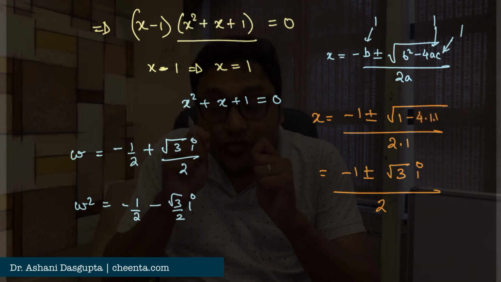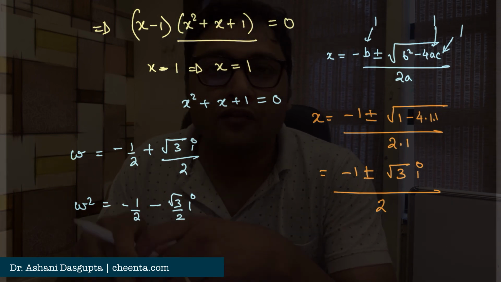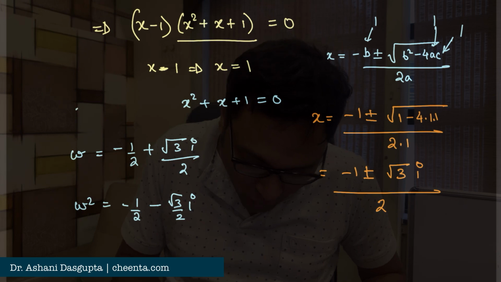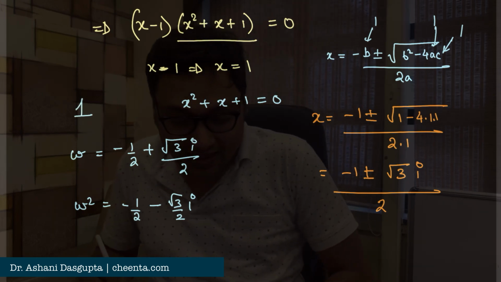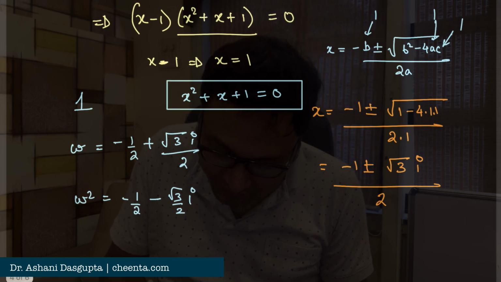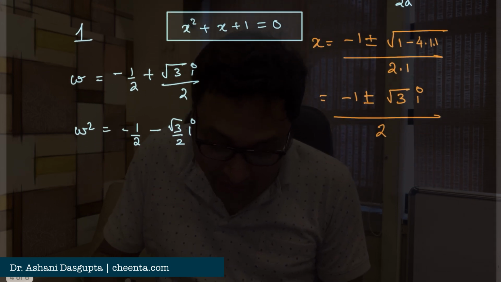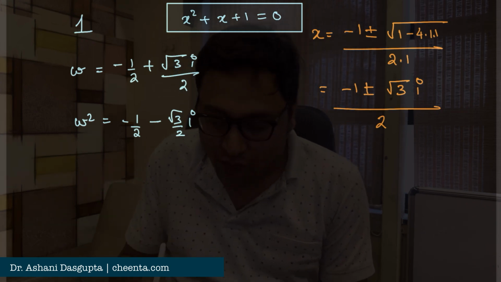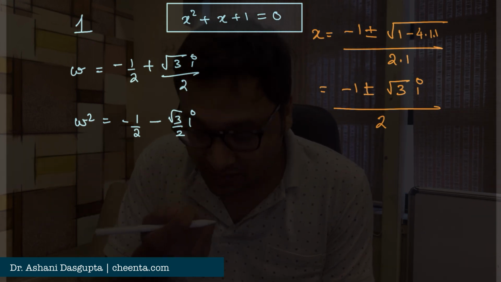So these are the three cube roots of unity: omega, omega square, and 1 itself. And if you plug omega into this equation, x squared plus x plus 1, of course omega satisfies this equation. That's what we found by solving this equation.